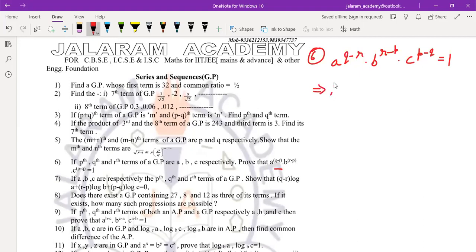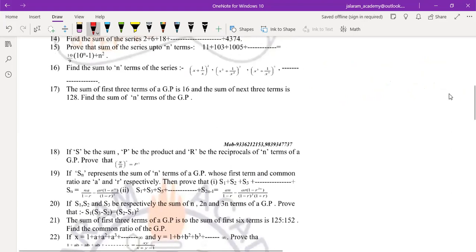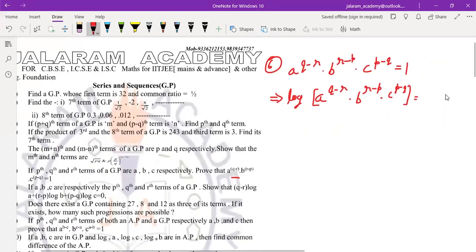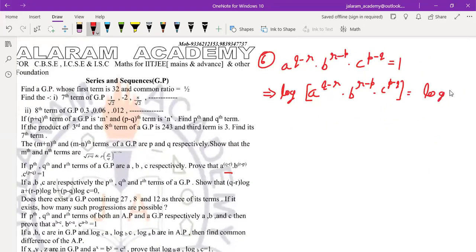So if you take log both sides, log of a to the power q minus r into b to the power r minus p into c to the power p minus q equals log 1. It implies, now we know that a product is converted to a sum on taking log.